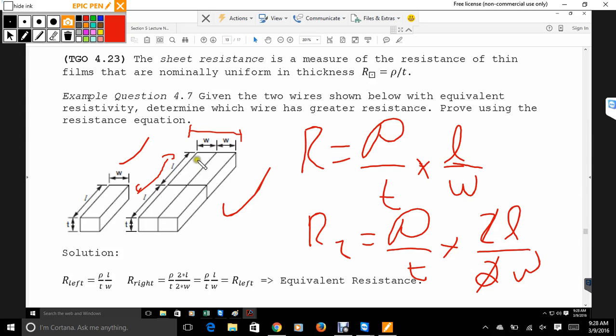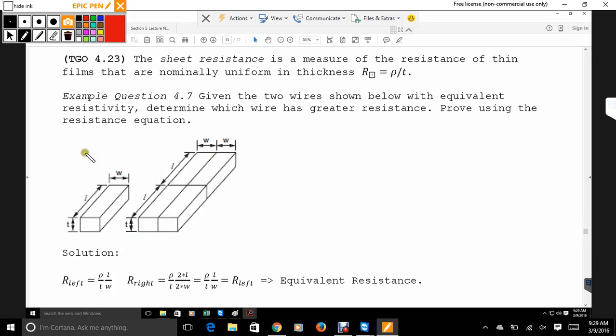If you recall, with longer wires, the resistance tends to go up, and doubling your width brings it back down, so these actually come out the same.